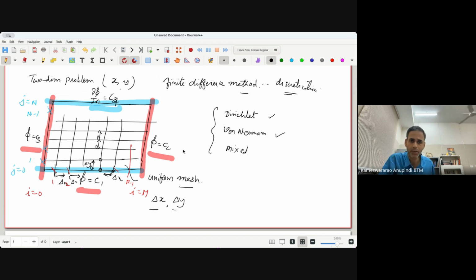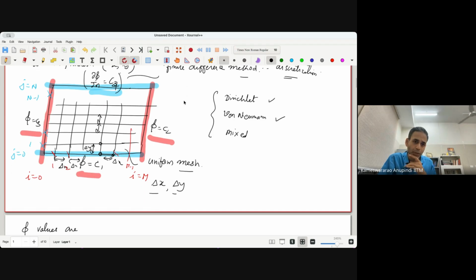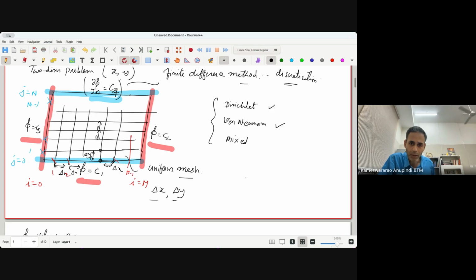That means we already know them through the boundary condition, or we will be able to calculate them through the other boundary condition. Let us say if it is Neumann, we don't know the value directly, but we can calculate it by including that in the equation. So our unknowns are the points where we need to calculate phi.